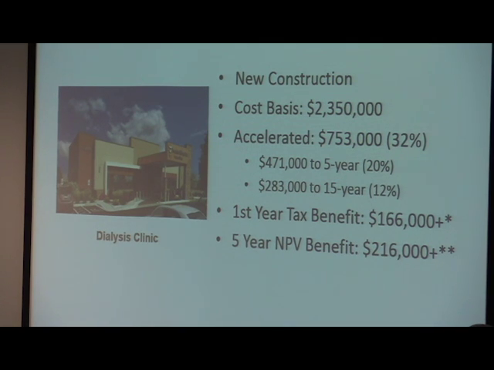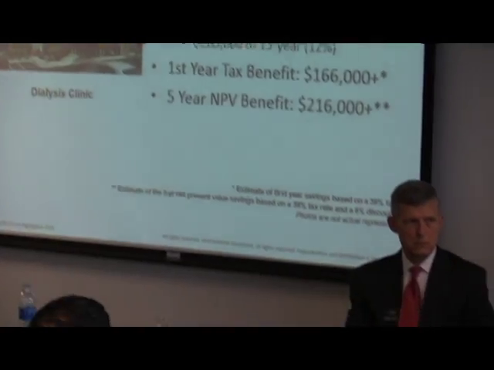He or she needs to go out to the property, do the site visit, and then come back and write the report based on what the tax laws are associated with that property type. That ranges anywhere between $4,500 and sometimes $25,000. So it's a pretty big range. This particular property, a Fresenius dialysis clinic in Decatur, Alabama, was a $6,000 study. So they paid $6,000 to get $166,000 in that first year.